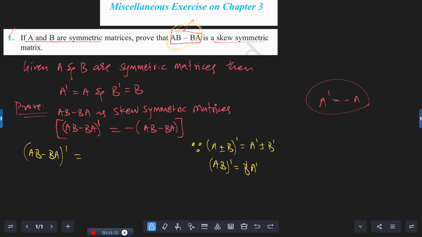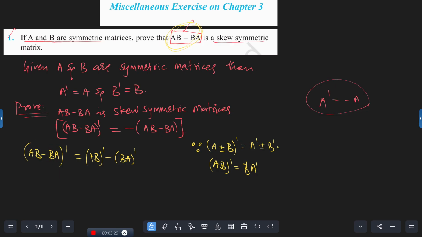As per the first formula, here we have a minus. So first matrix transpose minus second matrix transpose. That means AB you have to consider one transpose and BA another transpose.